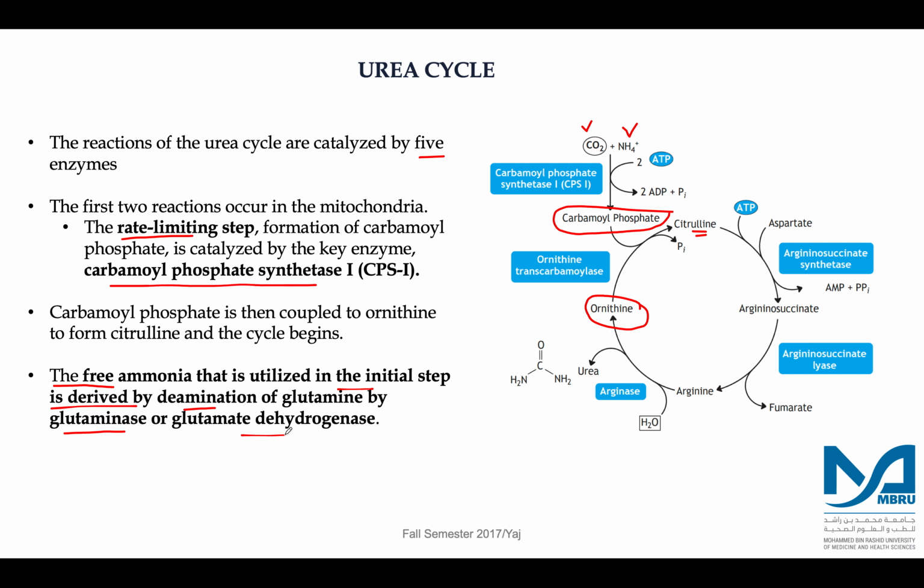Very, very, very important. I mentioned this when we talked about the transport of ammonia from the brain. The rate limiting step, this particular aspect of the slide is very, very important.